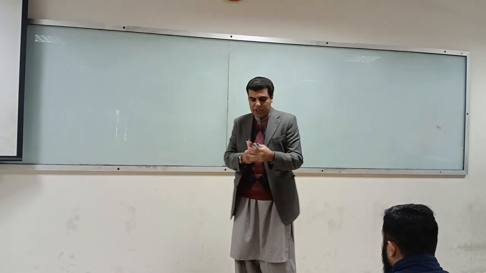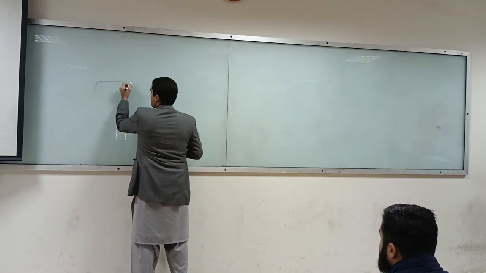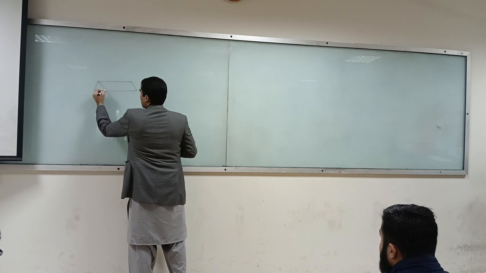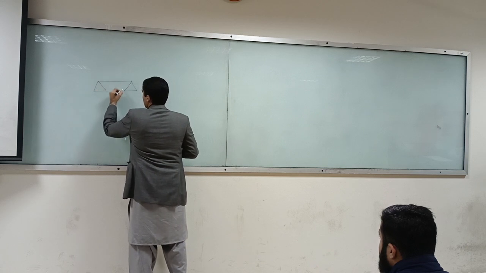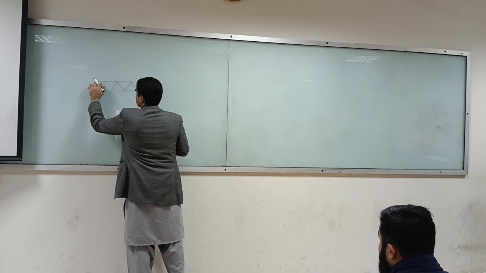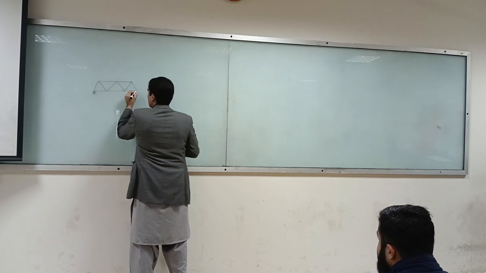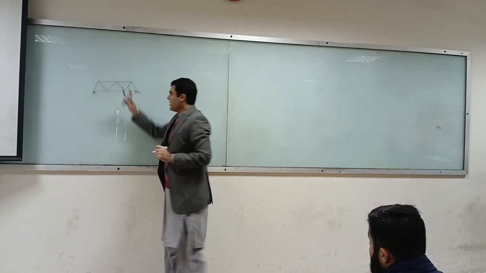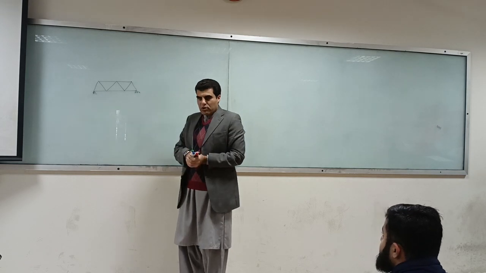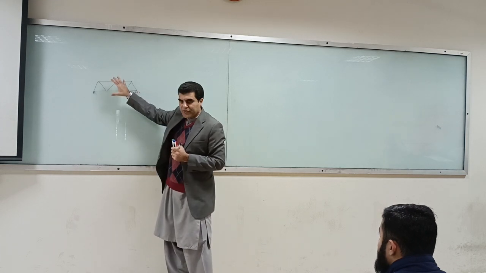I mean a truss structure which looks something like, for example, okay, so you have got a truss structure, and on its own you can't make it stand upright. So how would you make use of this truss in a structure?